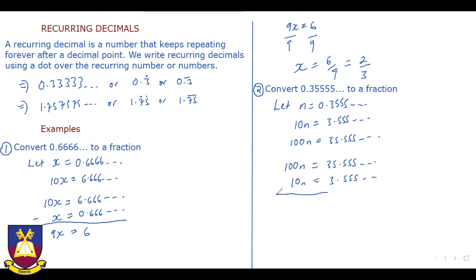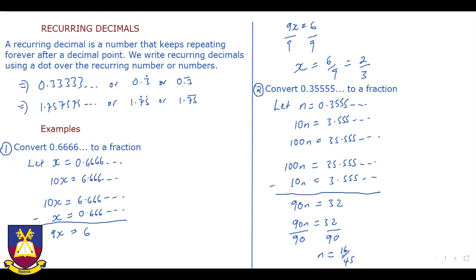We subtract: 100 minus 10 is 90n, which is equal to 32. So 90n is equal to 32. Divide by 90. Our n will be 32 over 90, which can reduce by 2 to 16 out of 45.